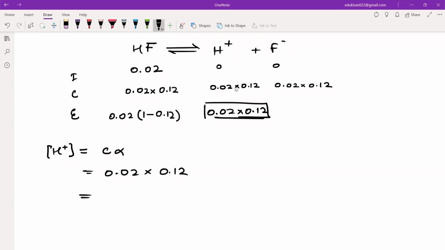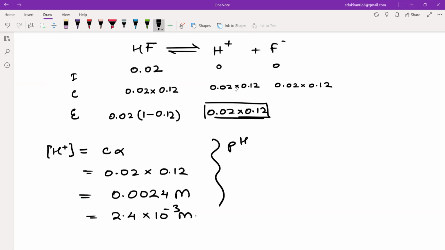Calculate this, what will be 0.02 into 0.12? 2.4 into 10 to the power minus 3 molar.